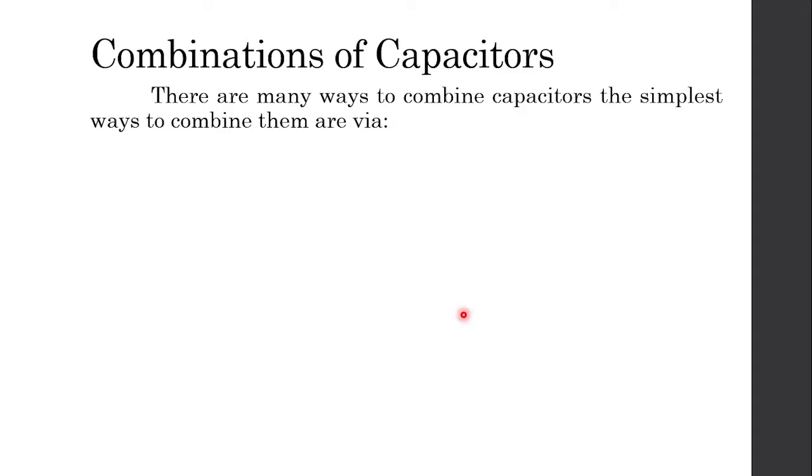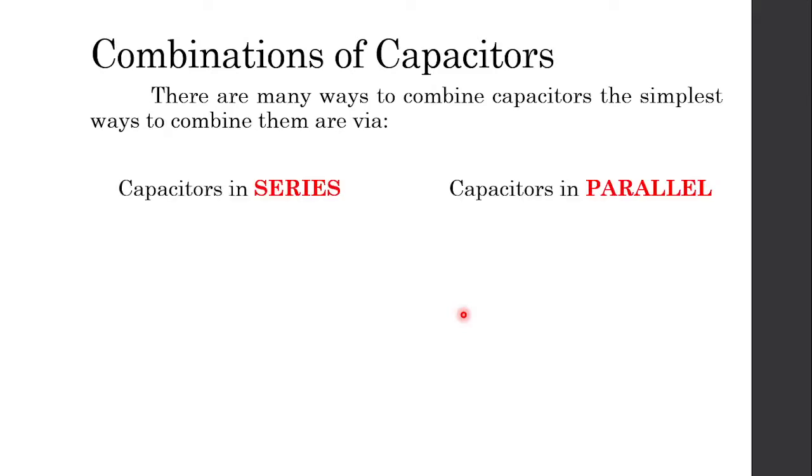There are many ways to combine capacitors, and there are two simplest ways to do it. One is what we call a series combination, and the next one is called a parallel combination. This is something that I want you guys to remember: series and parallel are types of ways that we can combine multiple capacitors together.